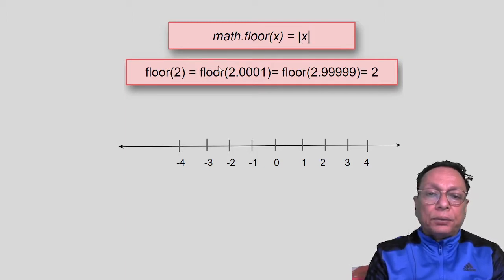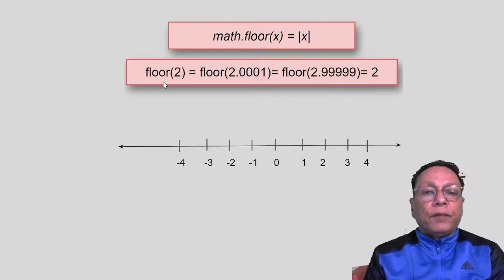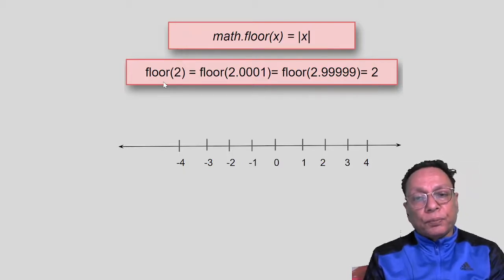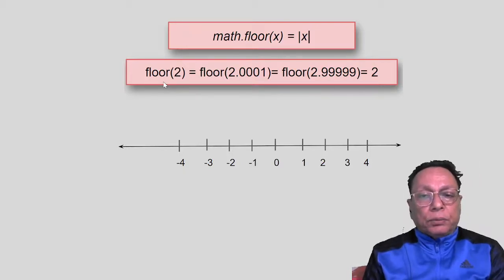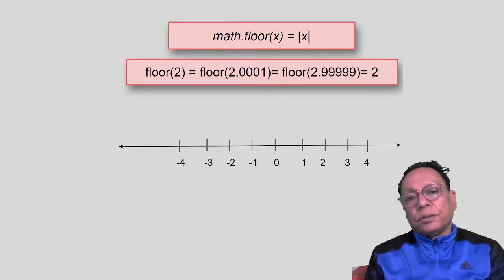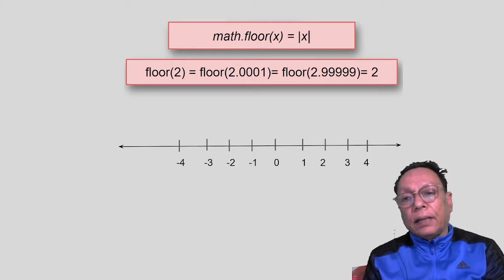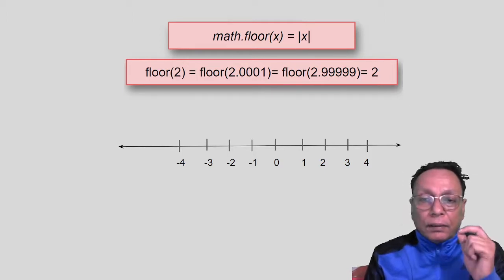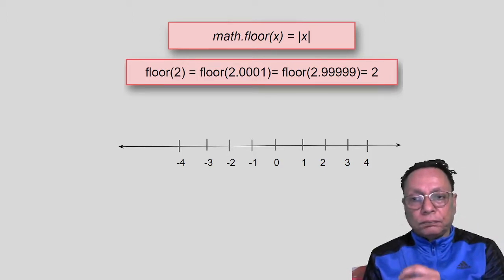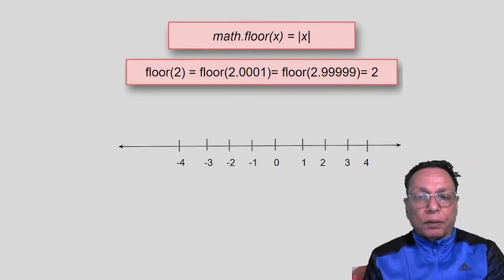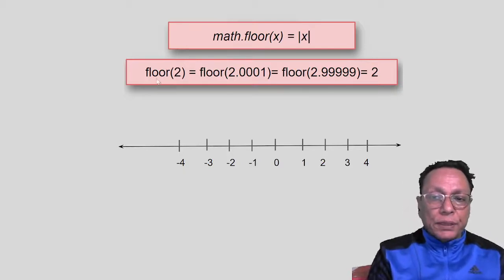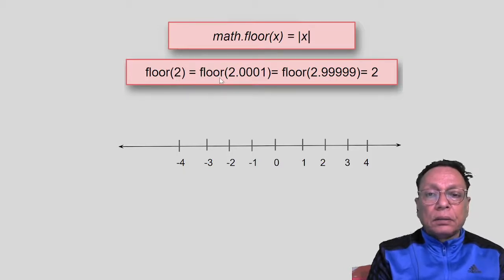But here you notice, when you want to take out the floor of 2.0001 or floor of 2.9999, the exact value of floor will be 2 only, because it is less than or equal to the integer. So this is integer, this is integer, this is integer.